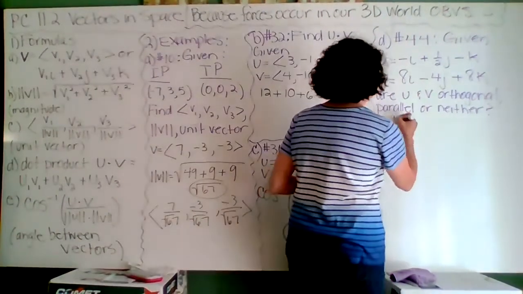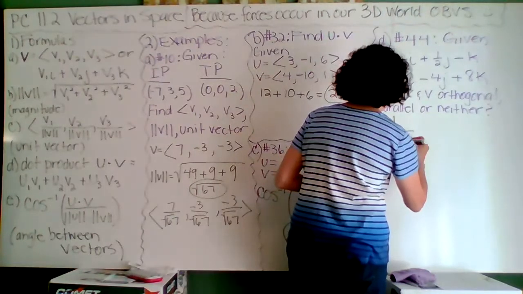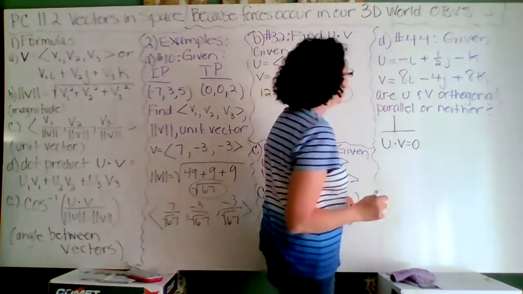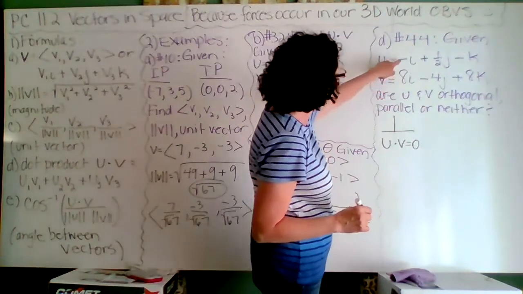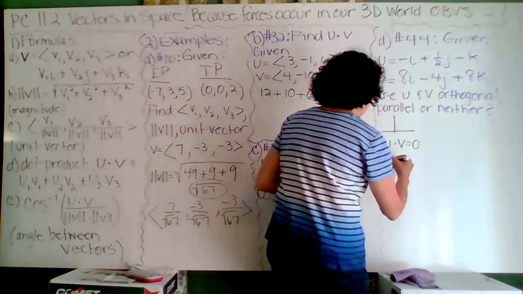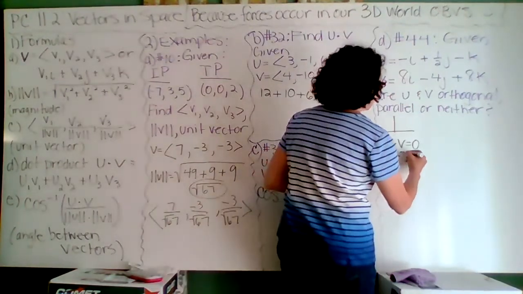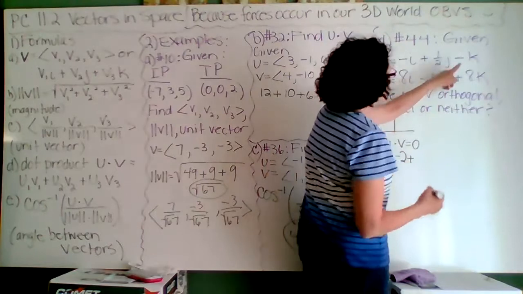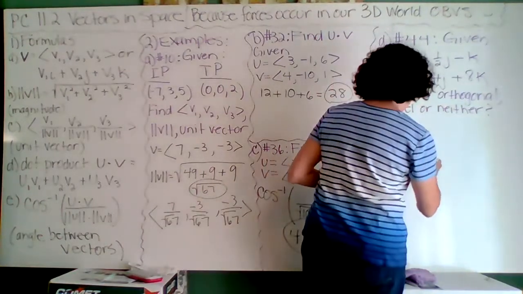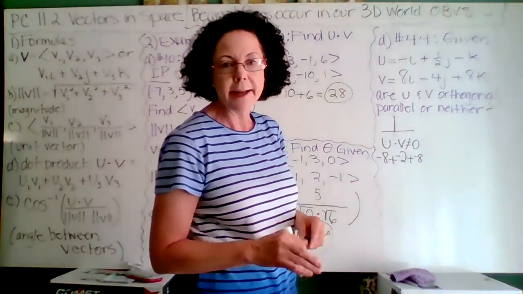So we're looking for where the dot product is 0. Let's see if that happens. So that would be -1 times 8, -8, plus 1/2 times -4 is -2, plus -1 times 8, -8. Obviously not 0, since this comes out to be negative.